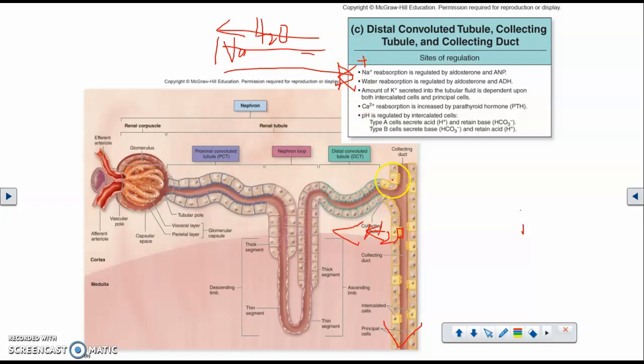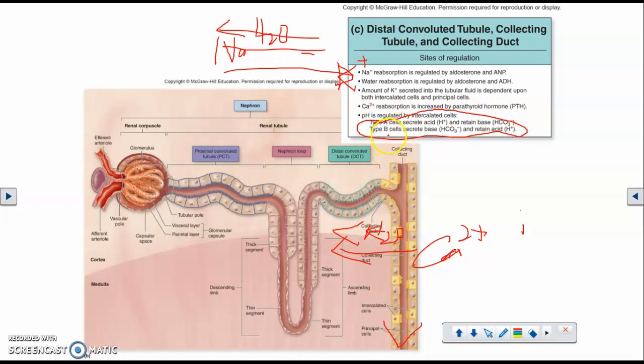That's a very important factor here as well, and that's through intercalated cells and principal cells. We already talked about calcium reabsorption before. Again, this is by PTH. If you have PTH from the parathyroid gland, more calcium ions go back into the blood.